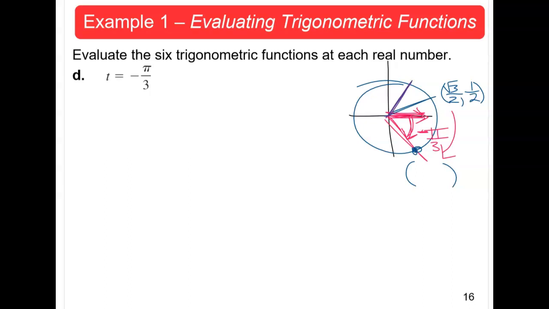But if we were to go in the positive direction, it will be here, positive pi/3. And the coordinates there will be 1/2 and the square root of 3/2. And I know that because the x and y are interchanged from pi/6. We will cover that later.